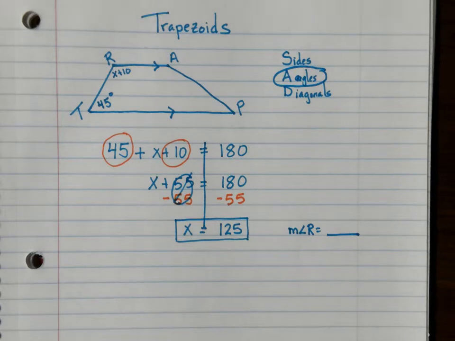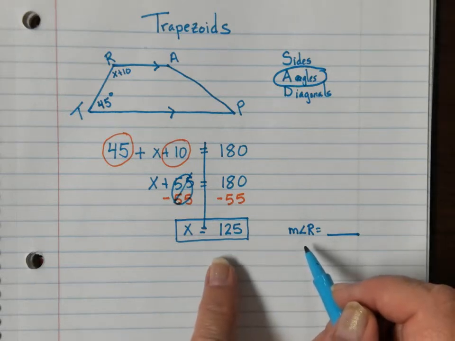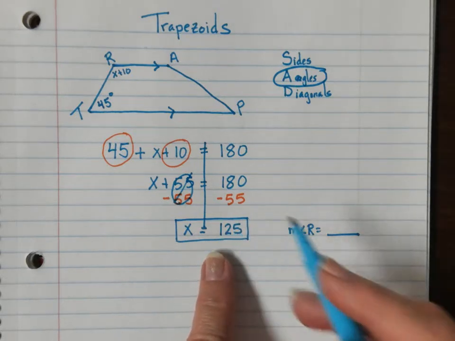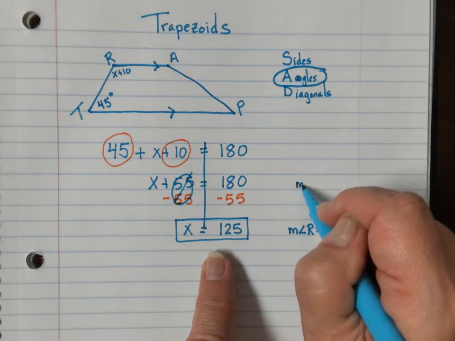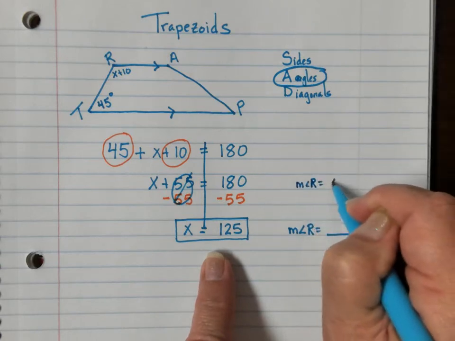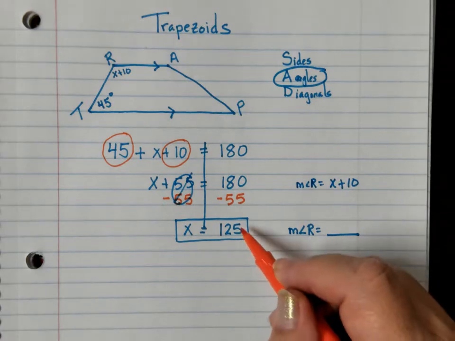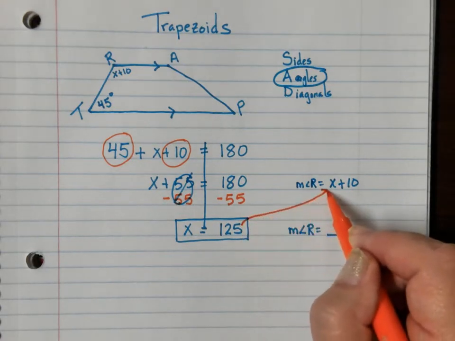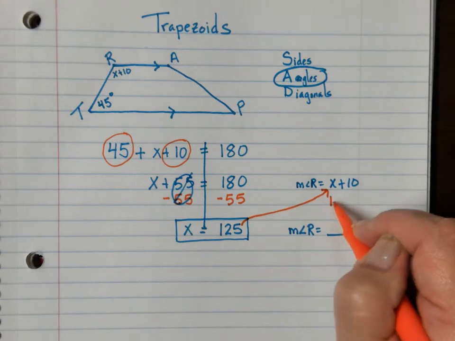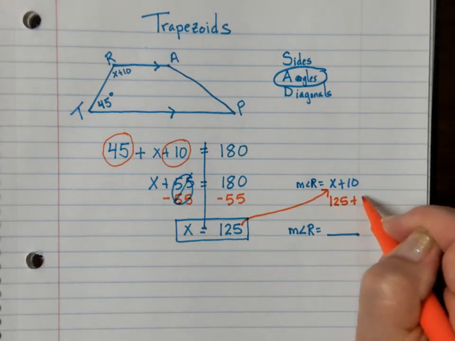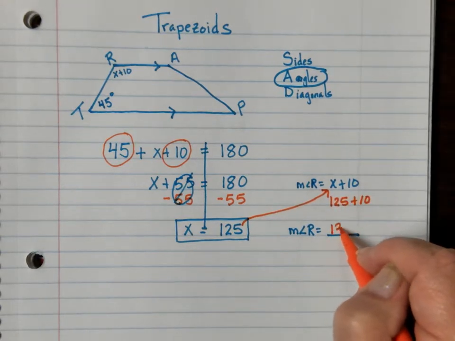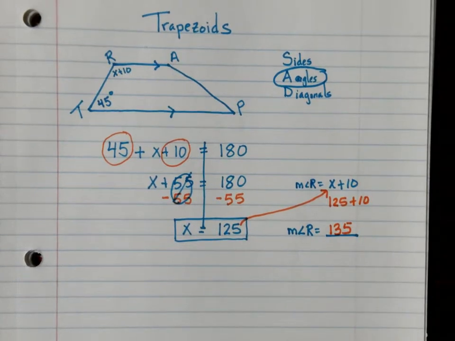Alright, my goodness, Melanie, they're just giving me answers so fast today. So to get the measure of angle R, you're going to substitute, right? So the measure of angle R is equal to x plus 10. So you're just going to take your 125, plug it in, and do 125 plus 10, and you're going to get 135 for the measure of angle R.